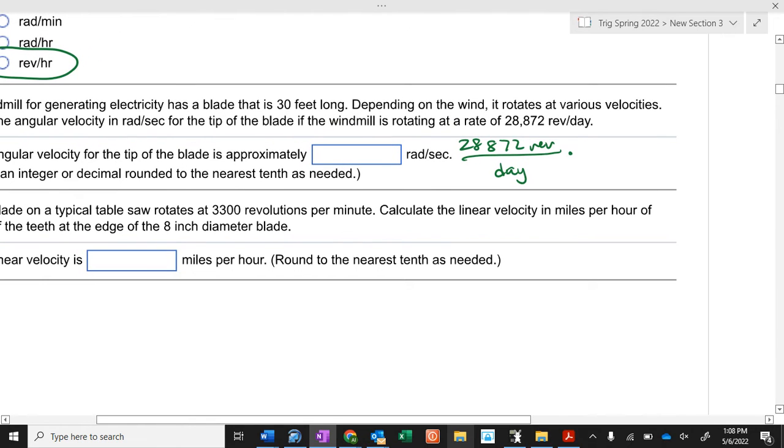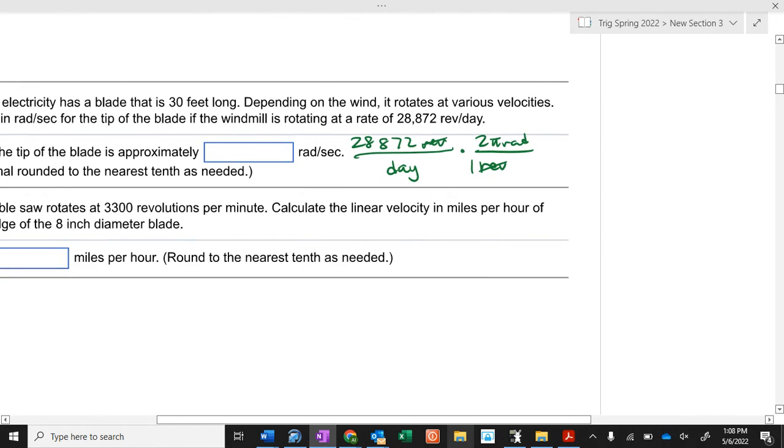How do I get rid of revolutions? How many radians are in a revolution? 2 pi radians in every 1 revolution. Revolutions cancel. Now we have radians per day. I need radians per second. So I know that in 1 day there's how many hours? 24 hours.